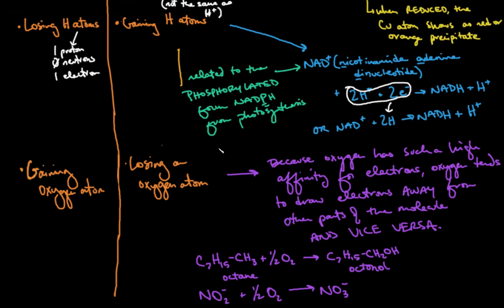Whenever you add an oxygen atom, that oxygen atom is going to be pulling electrons from other parts of the molecule. It's removing those electrons from other components, and therefore it's getting oxidized. If you lose an oxygen, those electrons are being redistributed and added to other parts of the molecule because oxygen is no longer pulling on those electrons, and therefore it's reduced.